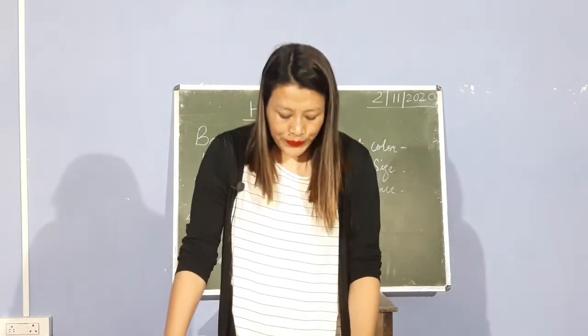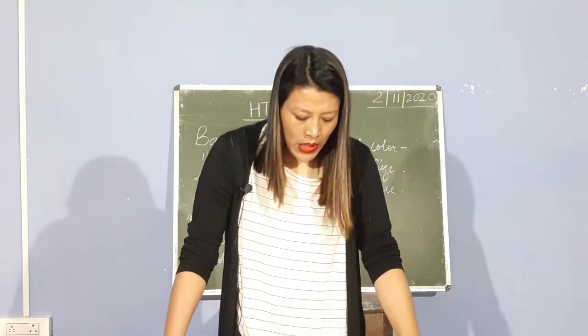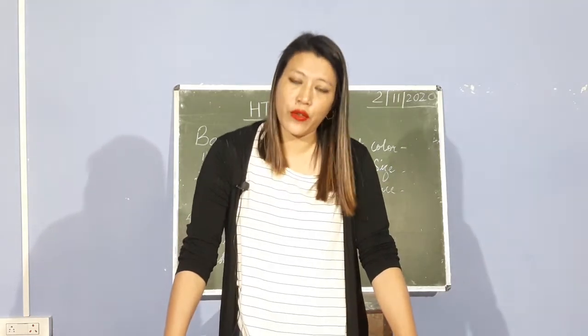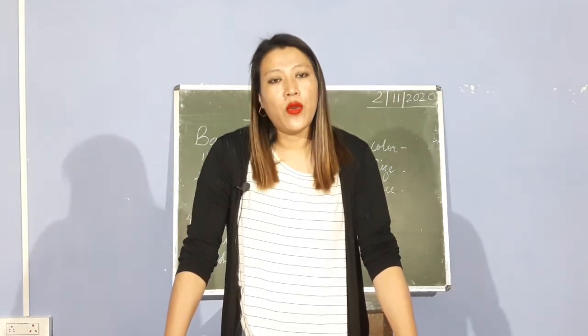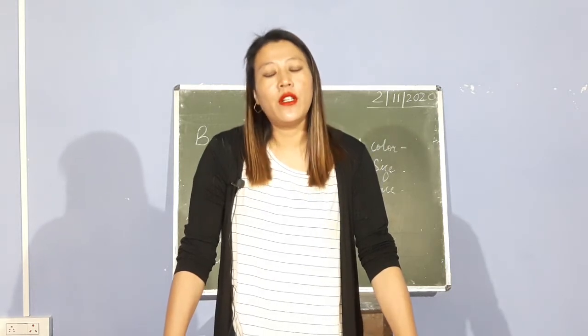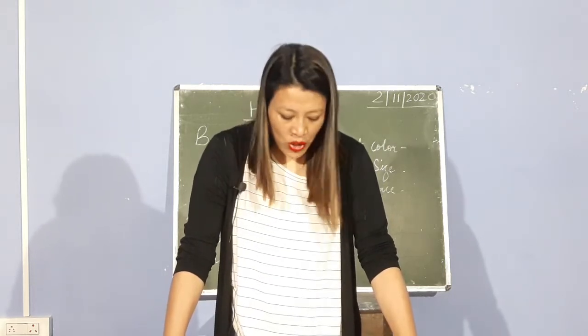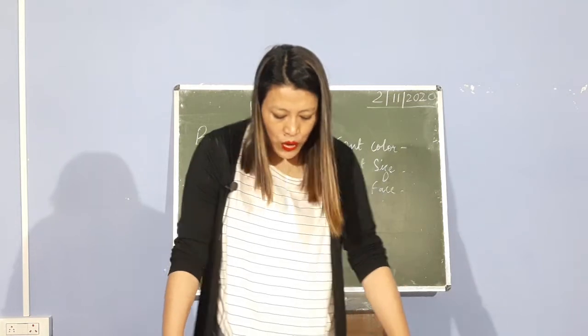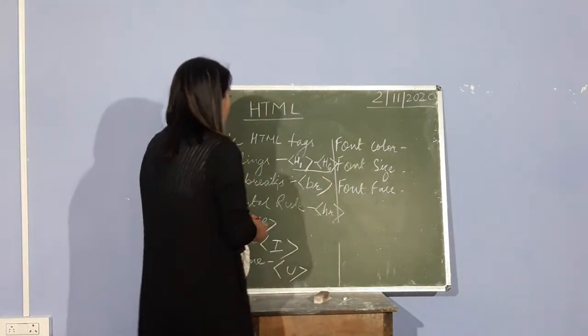So you can give a font color, but children, you have to mention the color. Whichever color you are going to apply, you have to mention it. So font color equals, you have to mention the color like this.